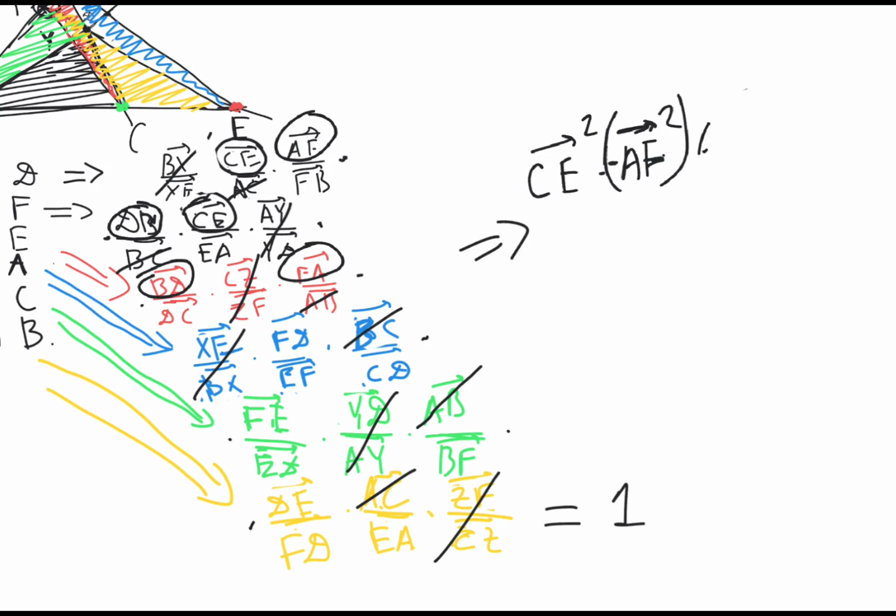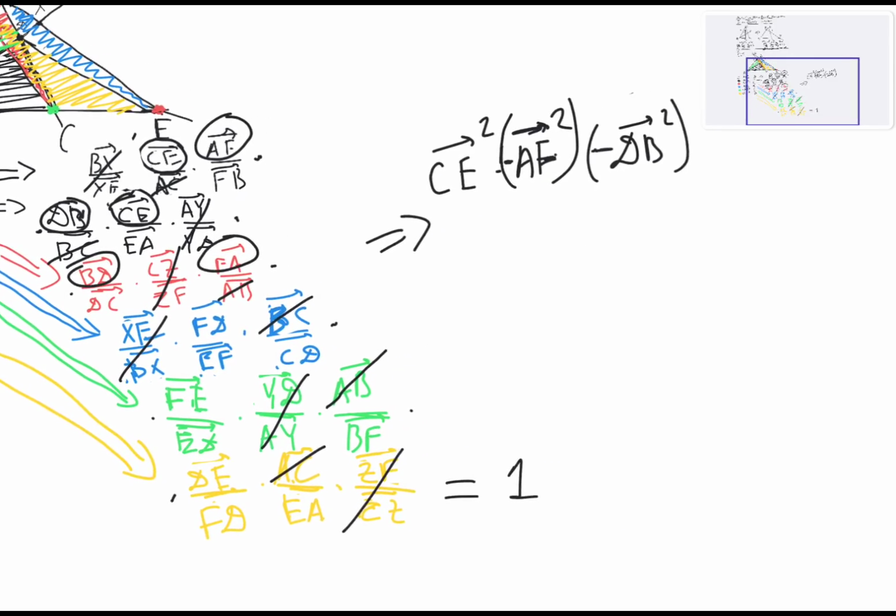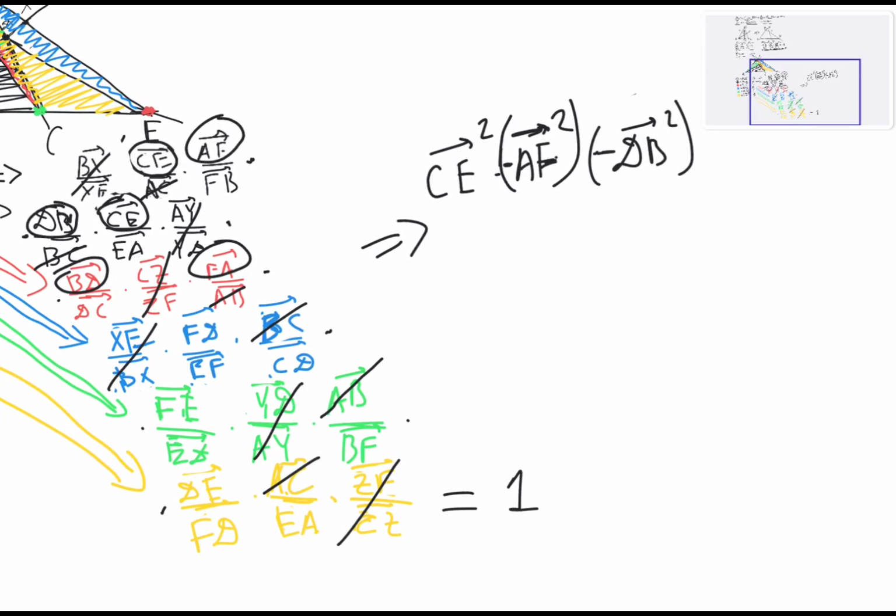So again, this would be minus GB squared. Then we have FD and FD cancel each other.